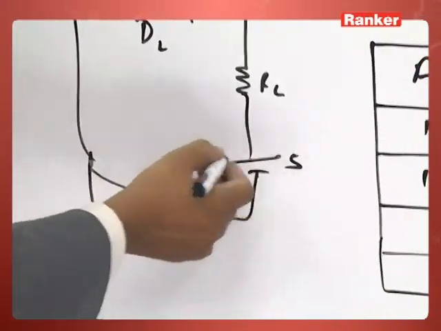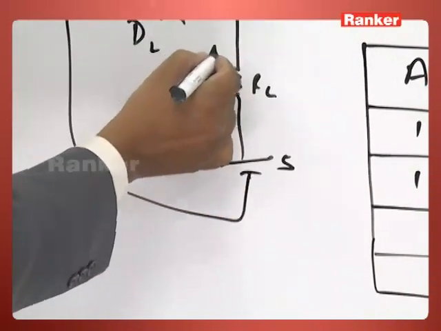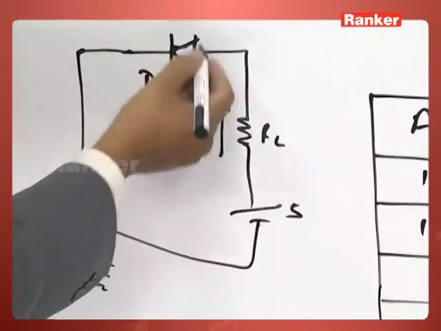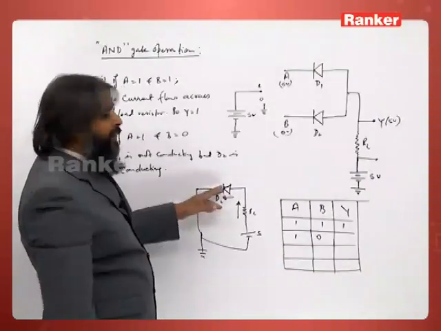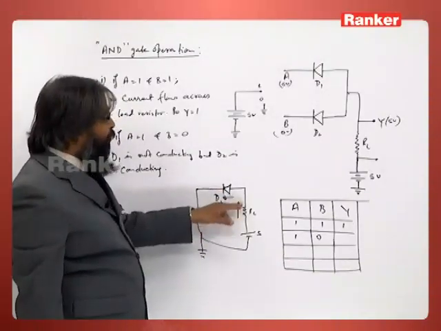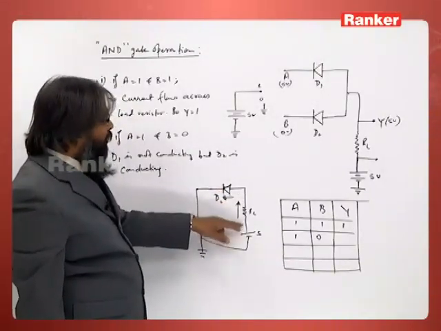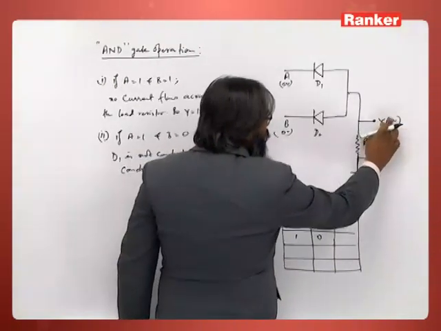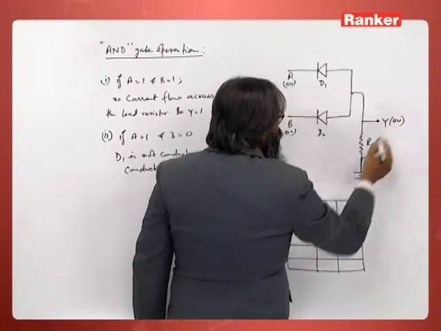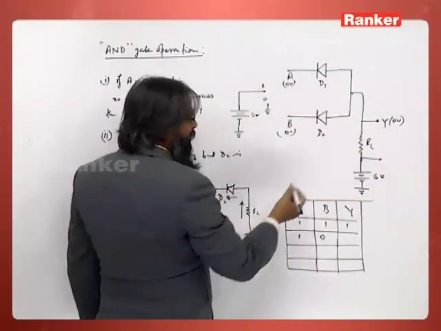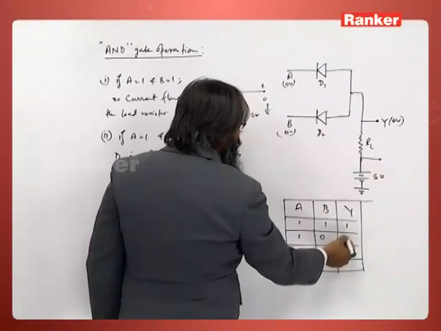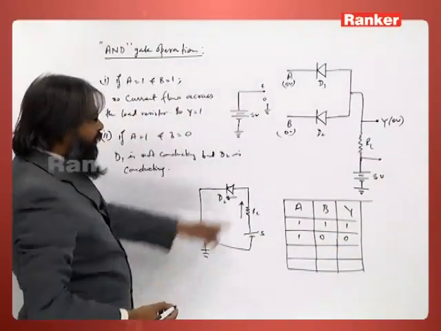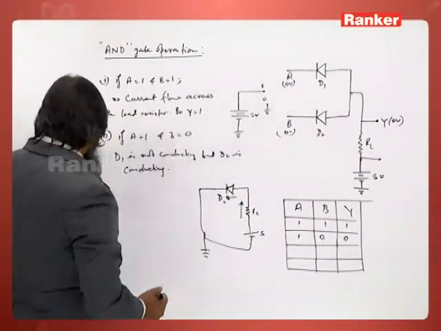So, the 5 volt potential drop takes place here and here. Since the forward biased resistance is very low, the majority of the potential drop takes place across the load resistor. So, here the potential is 0. So, in this case it will be 0 volts, that means off state, that becomes 0. So D2 is conducting here.